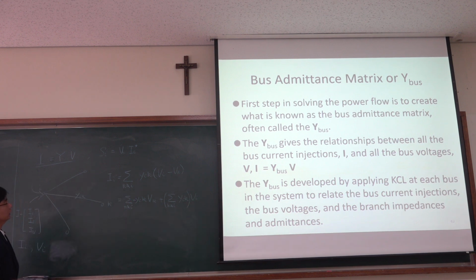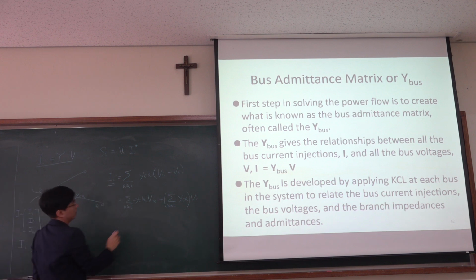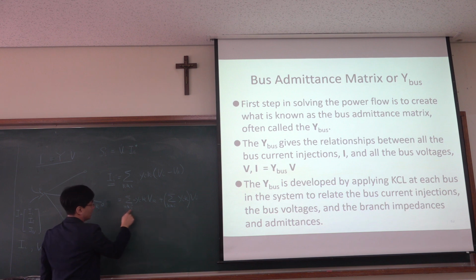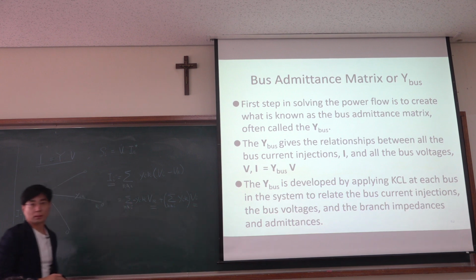Then what do you see? This component is a linear summation from K equals 1 to N except I. And when K equals I, we have this part, right?